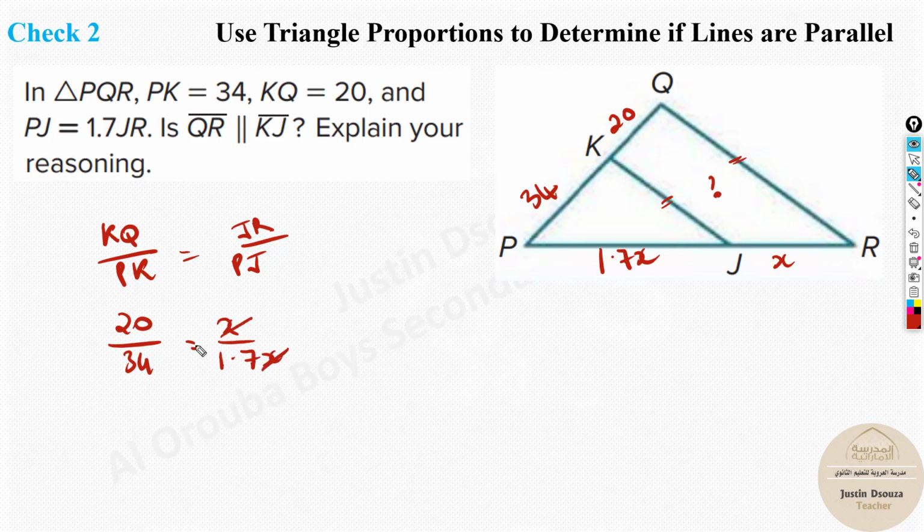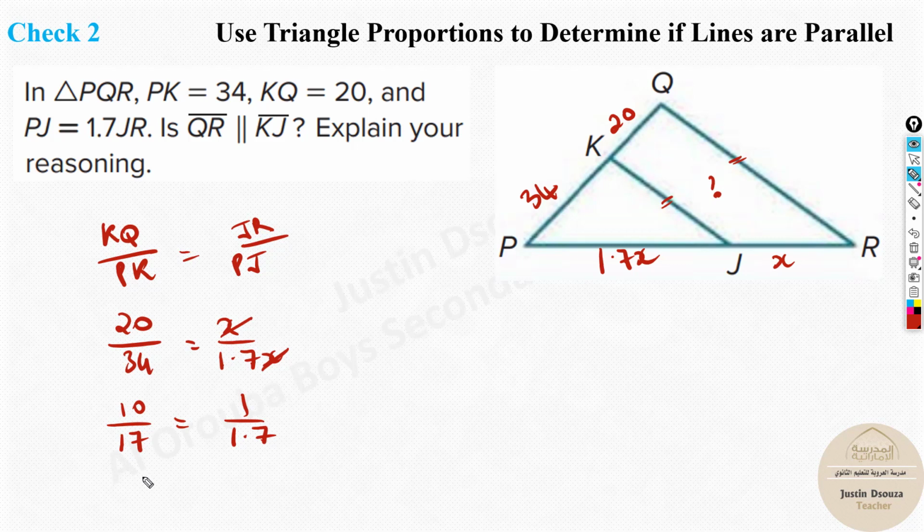Here, this x and this x cancel. You need to solve this over here. 2 goes into both, so I'll just divide 20 and 34 by 2, which gives 10 by 17. And here, what do we have? 1 by 1.7. Now, to simplify 1.7, you can either multiply by 10 and 10, or you can just divide 10 by 17.